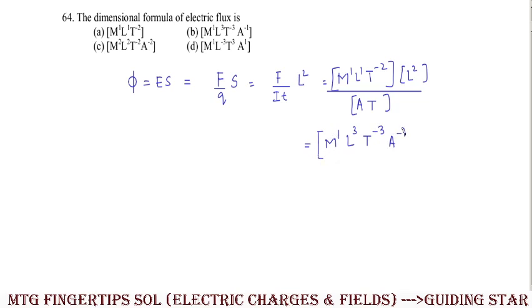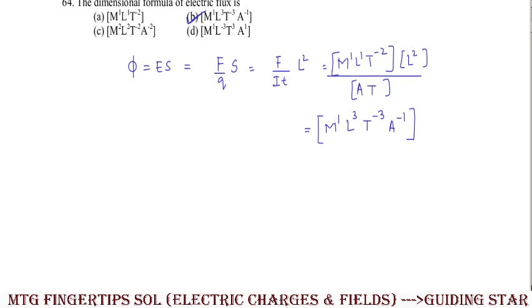So the dimensional formula for flux will be M1 L3 T power minus 3 A power minus 1. So option B will be the correct answer. Clear? Option B will be the correct one.